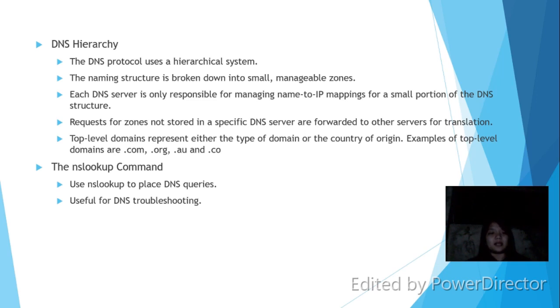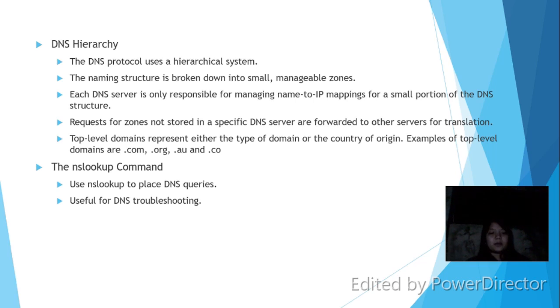DNS hierarchy. The DNS protocol uses a hierarchical system. The naming structure is broken down into smaller, manageable zones. Each DNS server is only responsible for managing name-to-IP mapping for a small portion of the DNS structure. Requests for zones not stored in a specific DNS server are forwarded to other servers for translation.